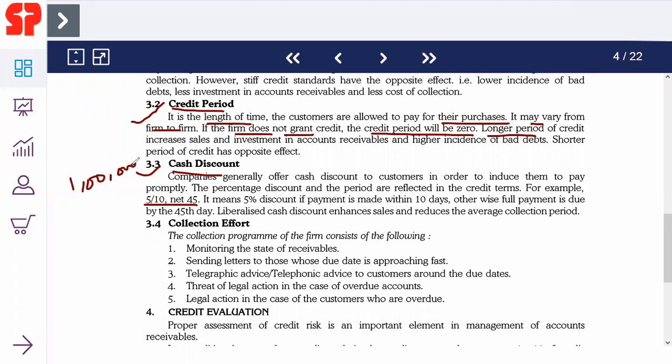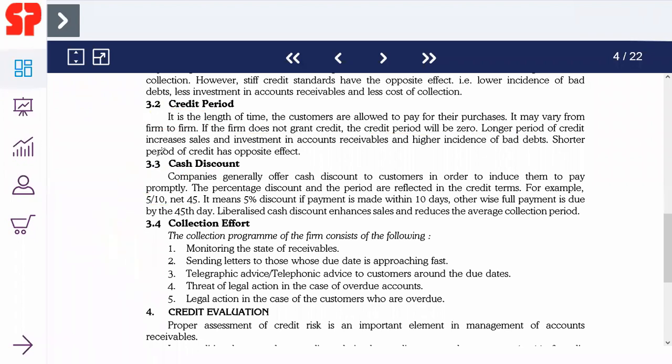You can pay this 1 lakh within 45 days. That is the normal credit period given to everybody. But if you pay within 10 days, we will give you a 5% discount, so you pay only 95,000. So this is the concept of cash discount. You will get a 5% discount for making early payment.